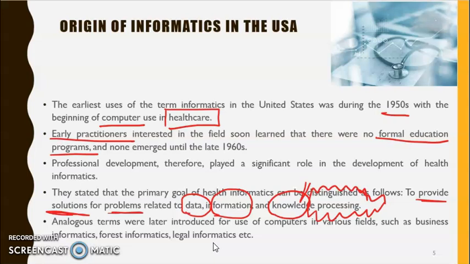In all of them, you use the data that you already have, with calculations, to solve the problems in that field. If you solve a problem in business, it is called business informatics. If you solve a problem related to forests, it is called forest informatics, legal, and so on.